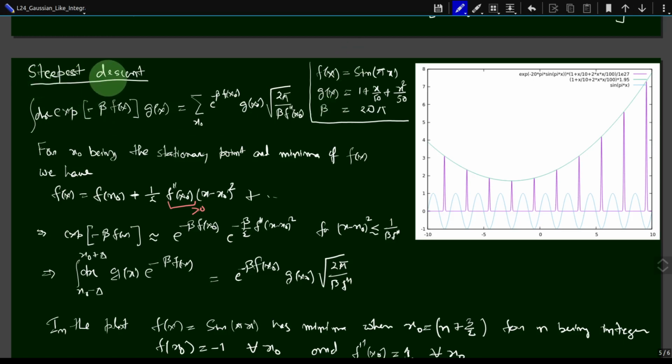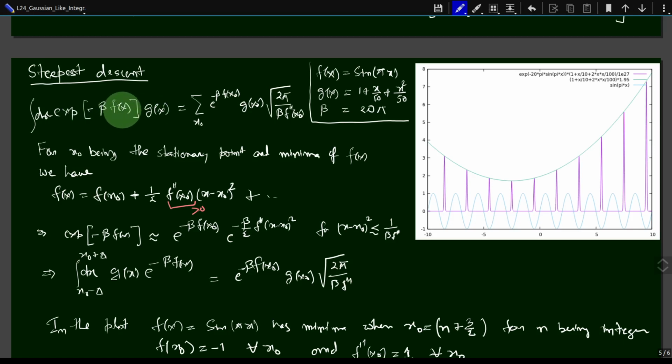So there is a method called steepest descent, and using this we basically compute the integral from minus infinity to plus infinity dx exponential of minus beta f of x times g of x. Now beta is a large number. That's what we use. So for large beta, what happens?